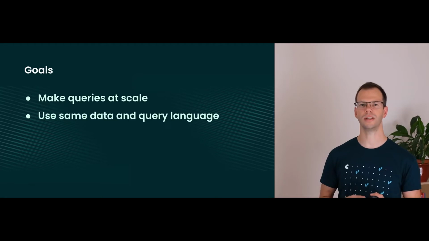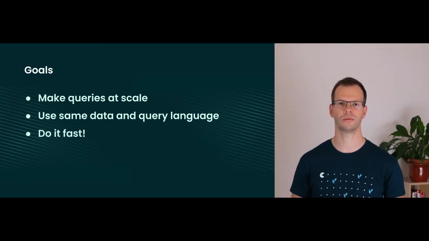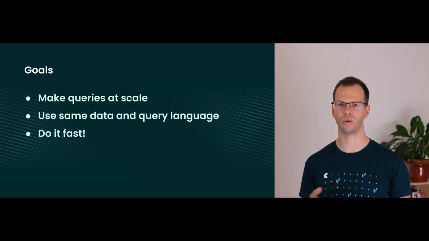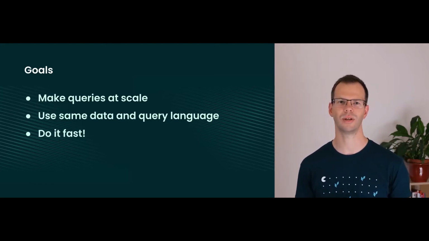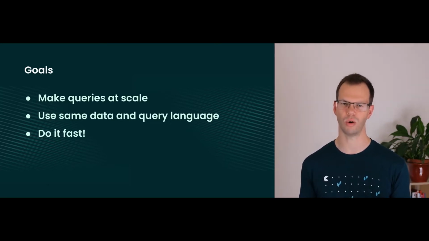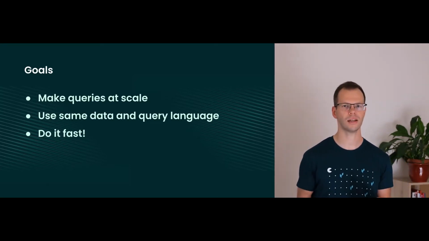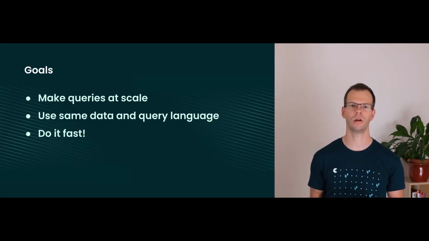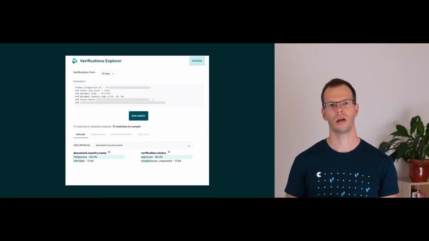But we also needed the queries to be fast, to allow for iterations, and our loose schema of the data didn't really play well with that, and using Postgres would just be too slow. So in the end, we built our own in-house tool called Verifications Explorer, which you can see here.